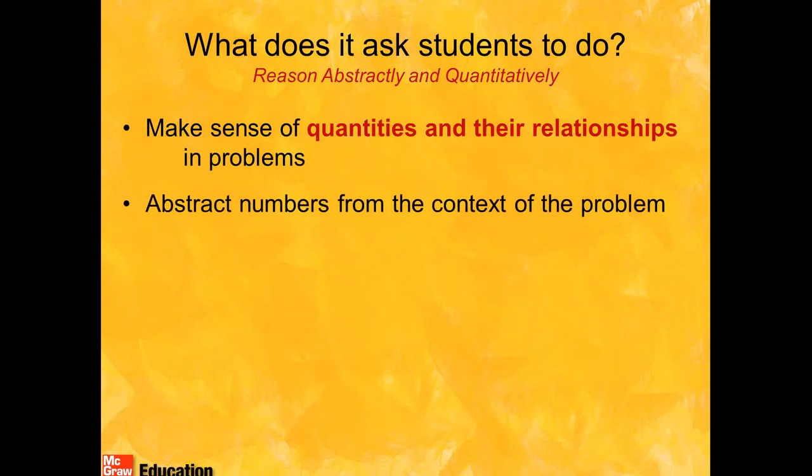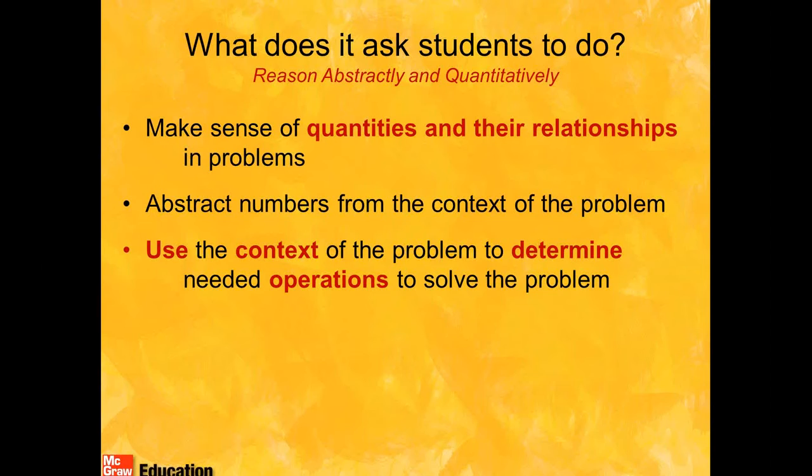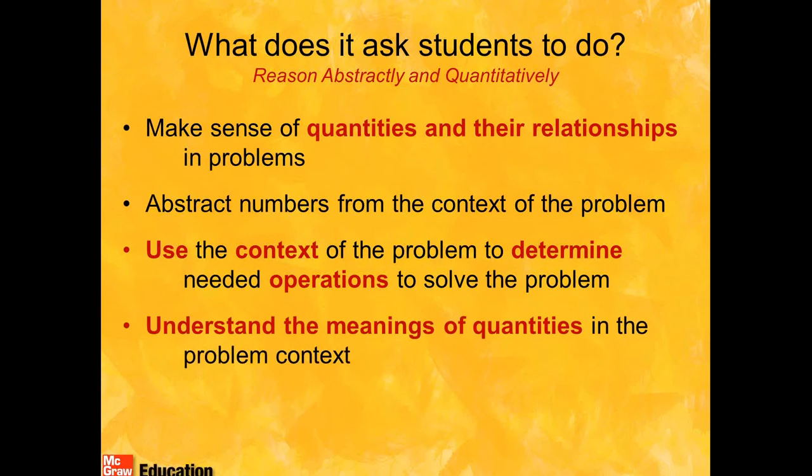Students should be able to at first analyze a given situation and abstract the numbers from the context of the problem. They should then be able to represent it symbolically and manipulate those numbers and symbols, and then be able to use the context of the problem to determine what operations are needed in order to solve it.